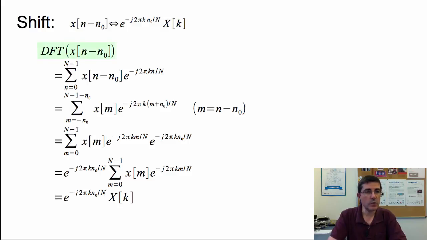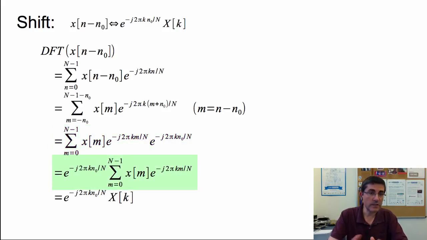If we start with the DFT of this shifted signal, then we can change variables, and if we change n minus n sub 0 and give it the name m, we will see that then we can split this complex exponential into two complex exponentials, one that is m and the other which is minus n sub 0.